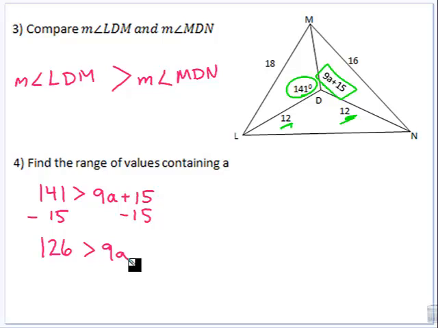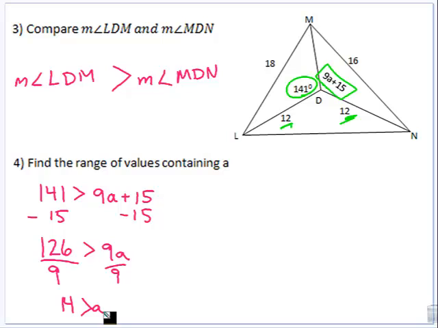Divide by 9. 9 goes into 12 how many times? Once. How many do you have left over? 3. So you have 36. 9 goes into 36, so it's 14. So 14 is greater than A.